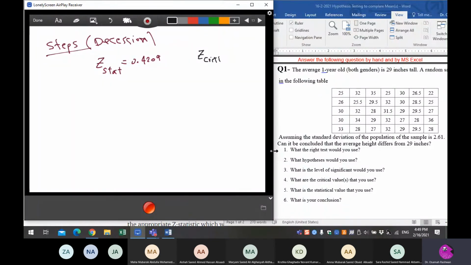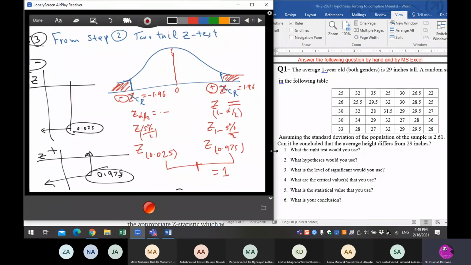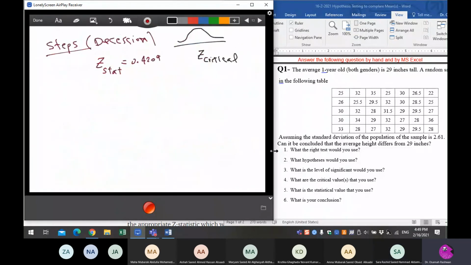It is better to have a graph like this one. I have a two-tail test. One critical value is minus 1.96 and the other one is positive 1.96. This is my critical value here.